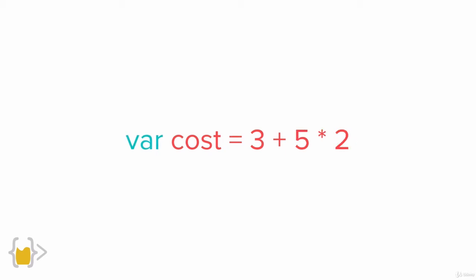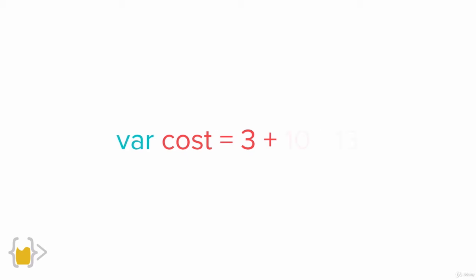There's a rule that says we must first multiply and divide before we add or subtract. And this works exactly the same way in programming. So this expression will evaluate to 13 because it will carry out the multiplication first.